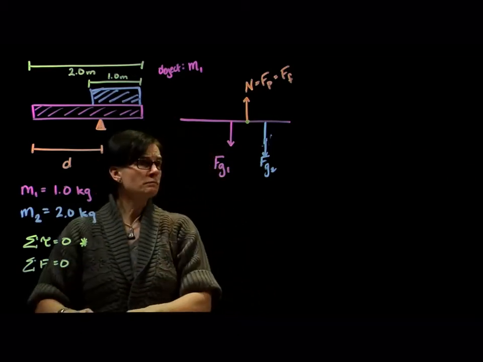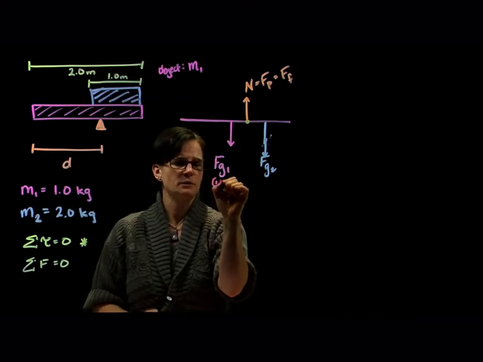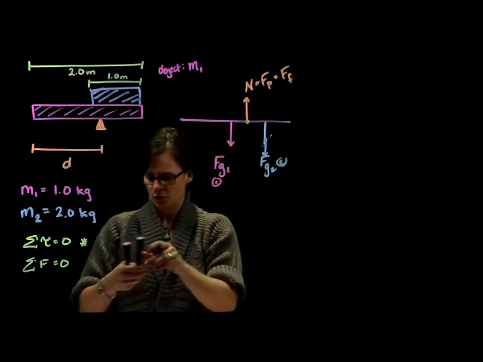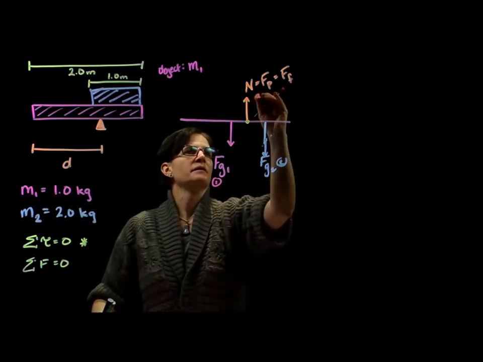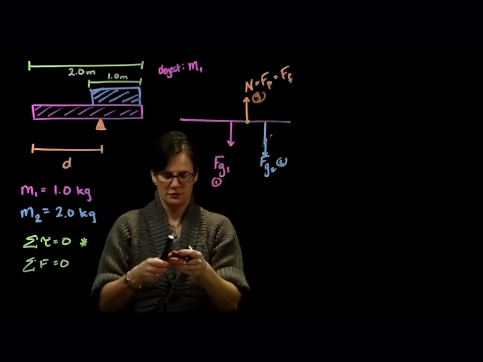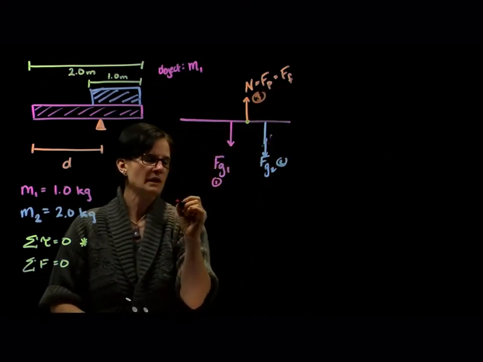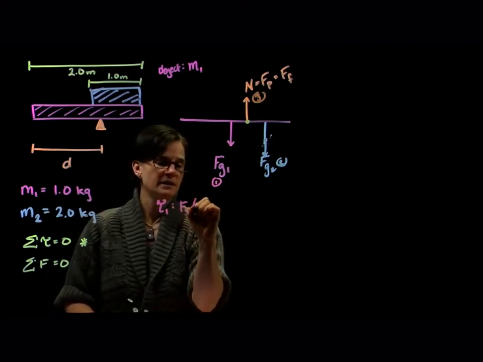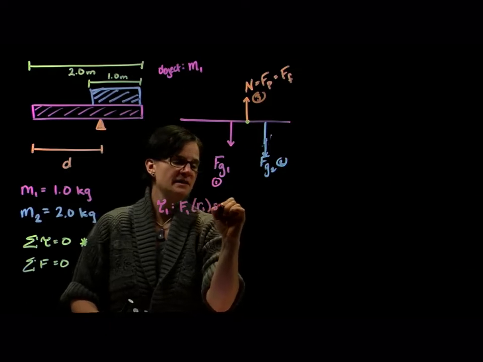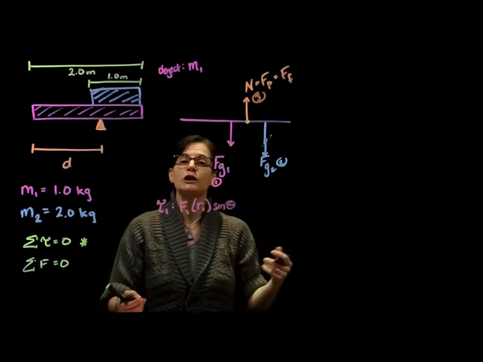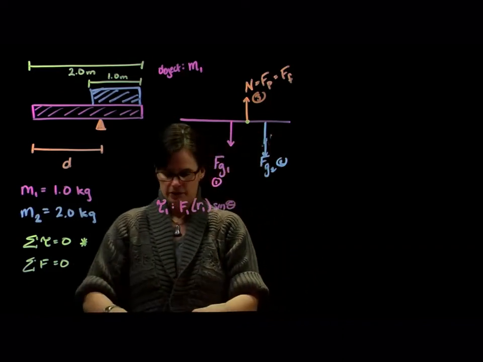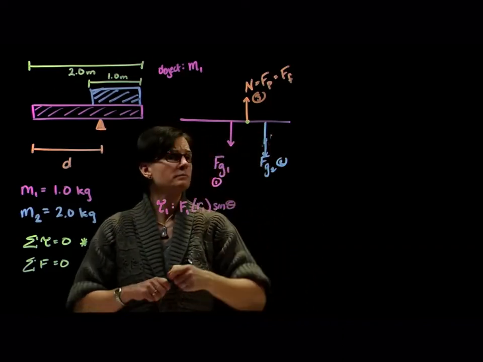Once we have all our forces identified, we will number them and then look at the net torque about that pivot point for each one of those forces. So torque for force 1 is force 1 times radius 1 times the sine of the angle. Let's look at our radii for each force and our angles.